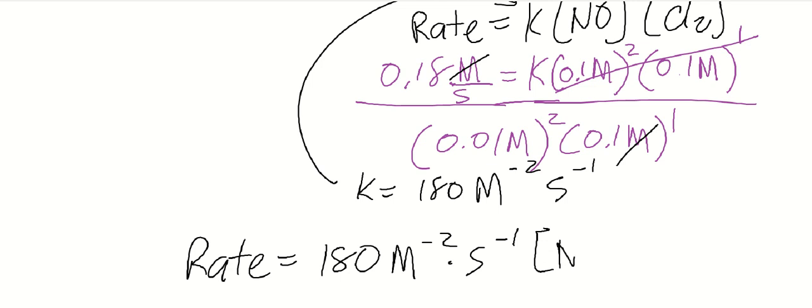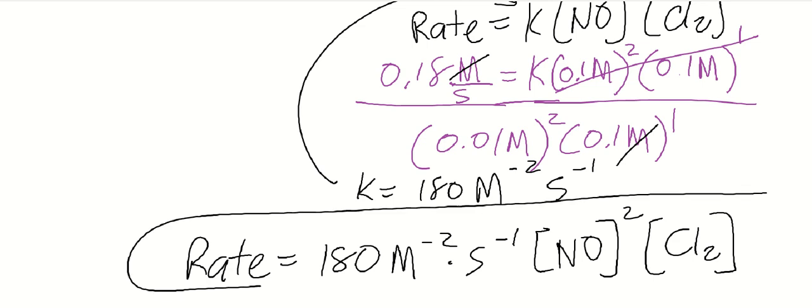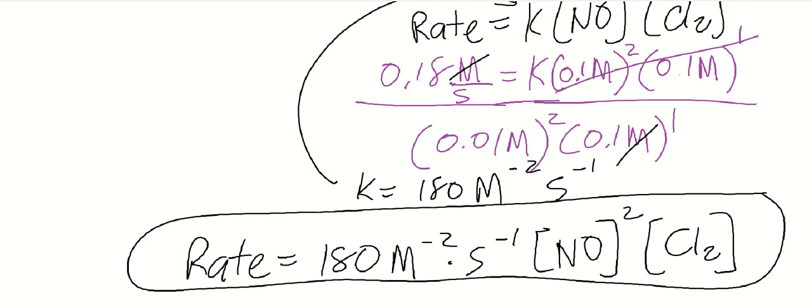Concentration of NO is second order. Chlorine gas is first order. And so there is our final answer. That is a rate law for this combination or synthesis reaction of NO and Cl2.